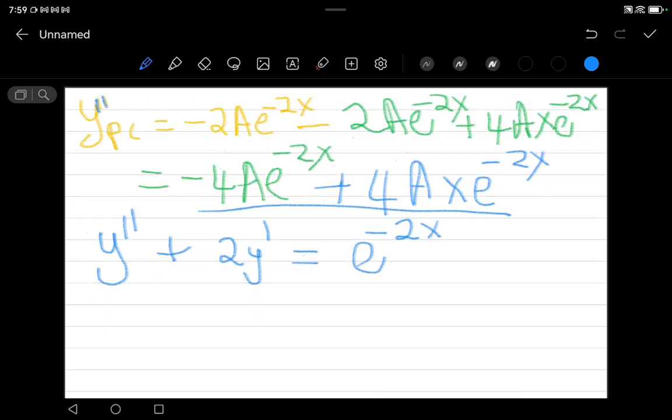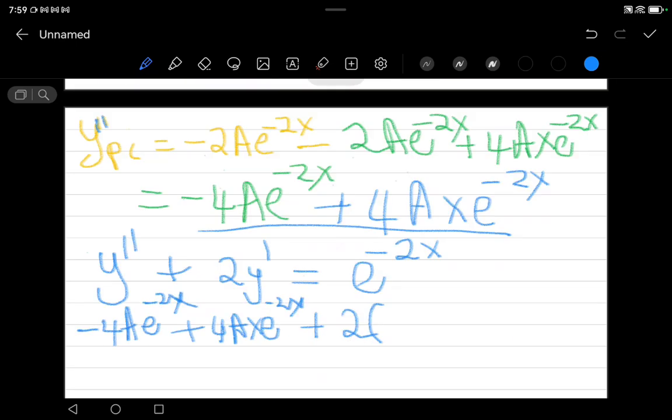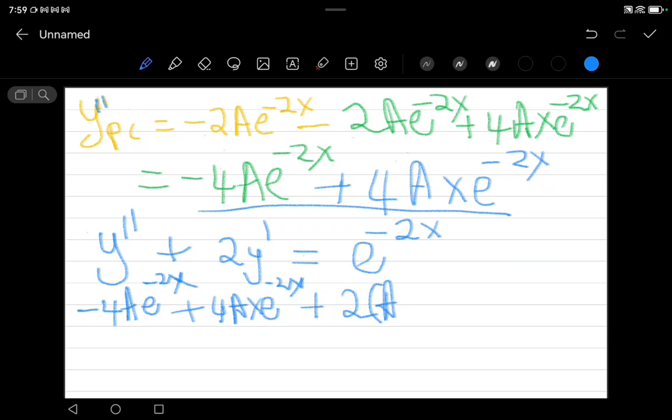So for the y prime prime, it's going to be negative 4ae to the power of negative 2x plus 4ax e to the power of negative 2x plus 2 into y prime. So our y prime is what? It's ae to the power of negative 2x minus 2ax e to the power of negative 2x.